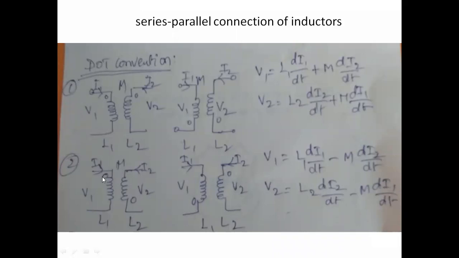That flux opposes the first generated flux, which means the total flux generation is reduced. It is flux opposing, so that's why we get the negative sign here. In the previous case, the flux was aiding, and the generation of the flux increases.